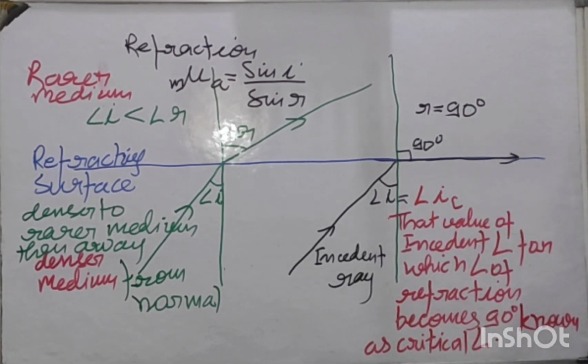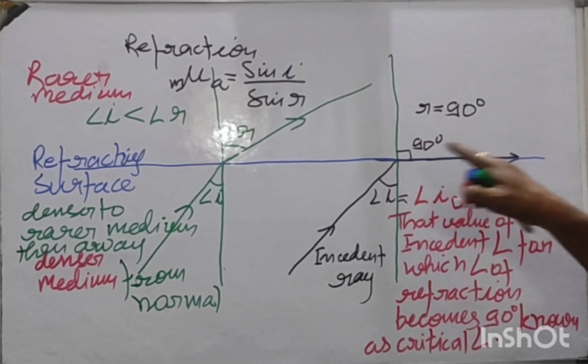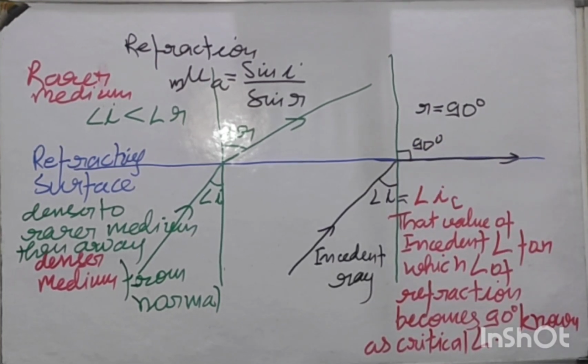Getting? So what is critical angle? That value of incidence angle for which angle of refraction becomes 90 degree.